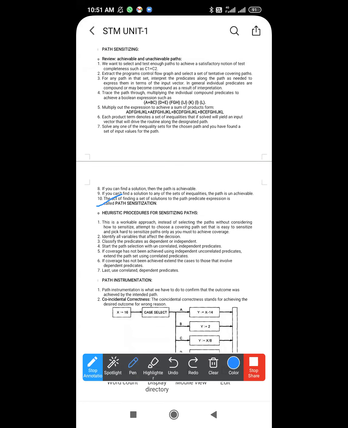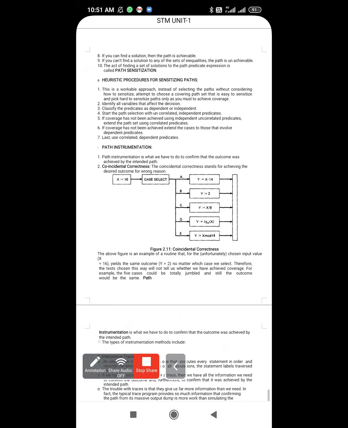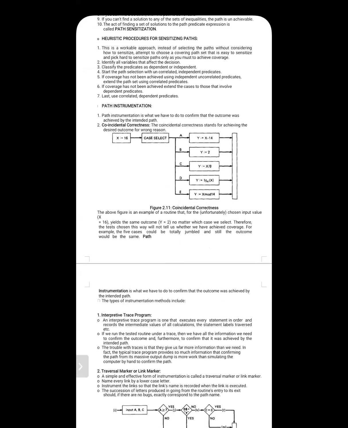Okay, here, heuristic procedures for sensitizing paths. Heuristic is nothing but a sequence of procedures, a step-by-step procedure, called heuristic procedures. Here, this is a workable approach.